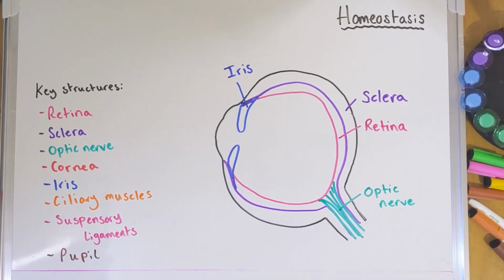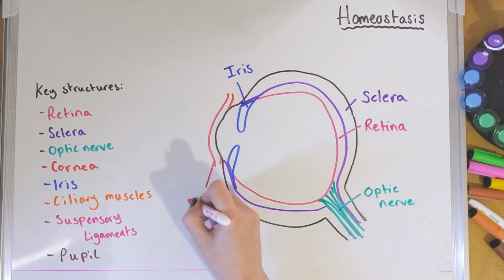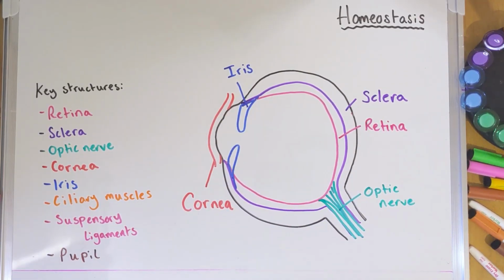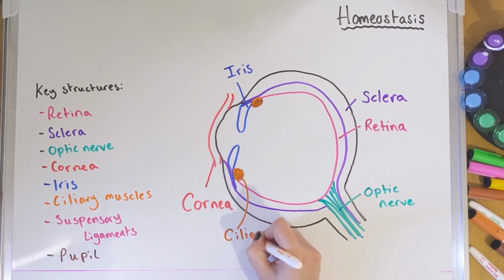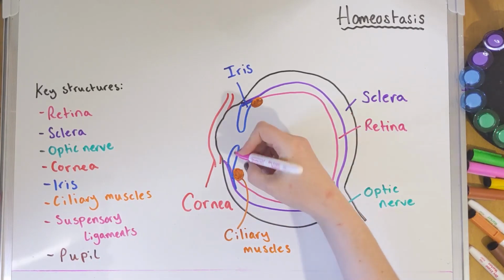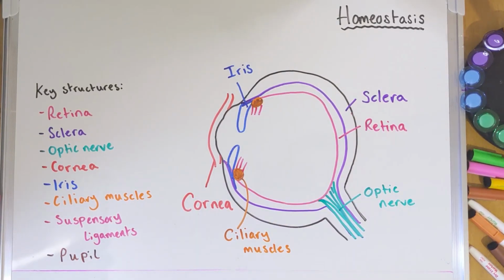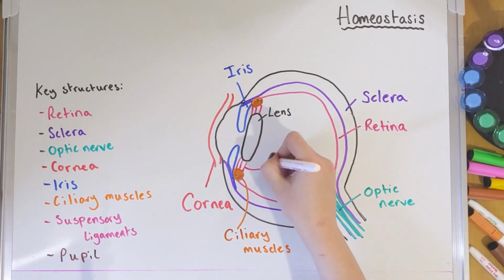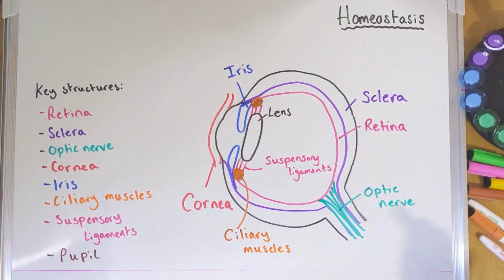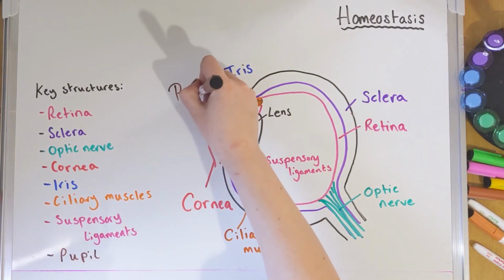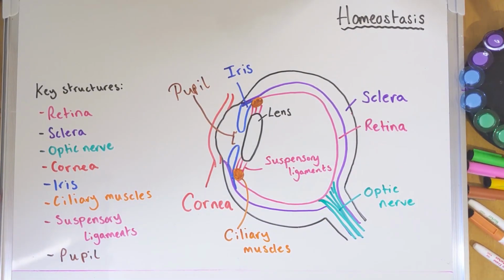Now we're going to add the cornea, the ciliary muscles, the suspensory ligaments, and the lens that attaches there. And finally the pupil. So those are our main structures of the eye.